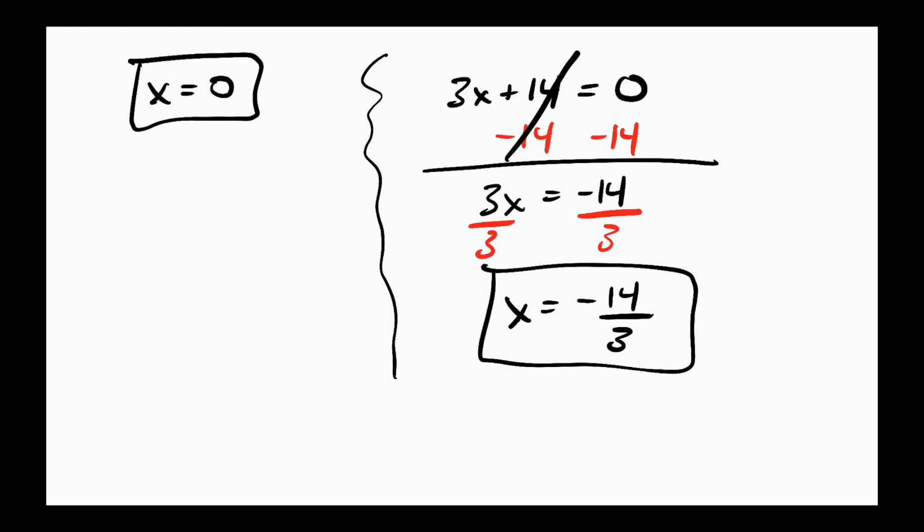Is one of them my answer? Or none of them? Because on the test, this will be a multiple choice question. They'll say A is 0, comma, negative 14 thirds. B is 0. C is negative 14 thirds. D, none of them. So which one would it be?